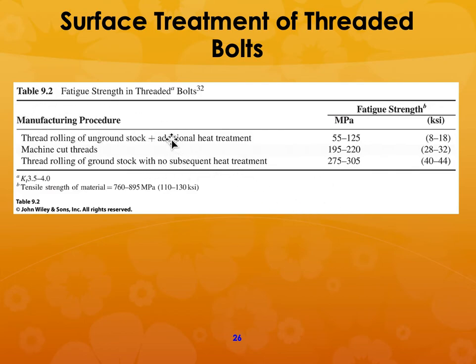If you take unground stock and you do additional heat treatment, it has a very low fatigue strength. But suppose you take ground stock and you put threads on them with no subsequent heat treatment, it has much better fatigue strength.